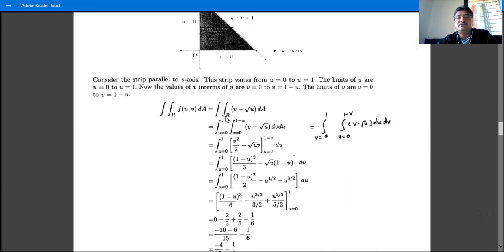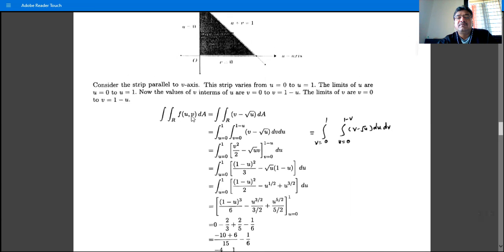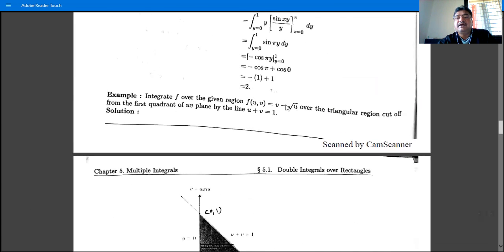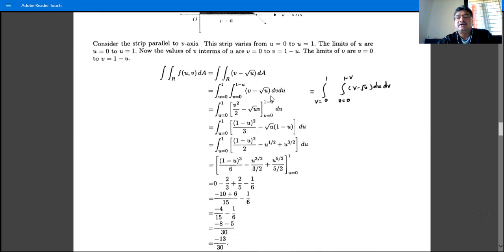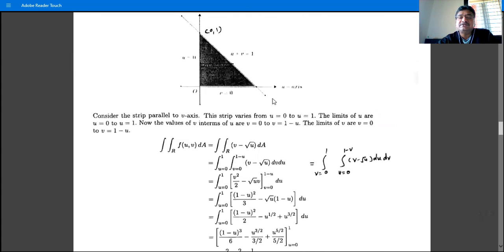So the integration over R, and f of u v is what? v minus root u dA, and then integrate either first with respect to v or with respect to u. So in order to integrate, suppose this is the u axis and this is the v axis.